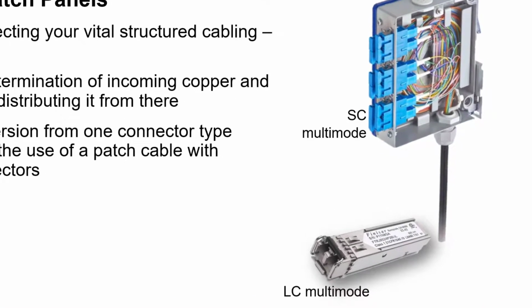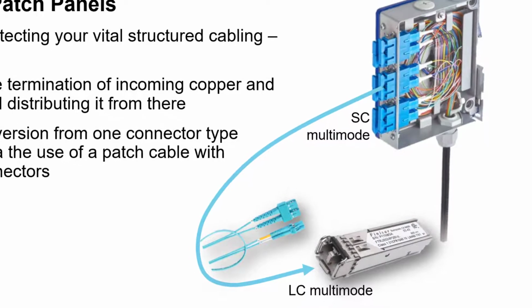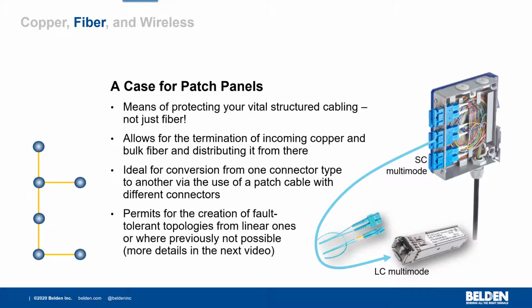In this case, we have the SC connectors on the fiber optic patch panel and a LC that could either be inserted in a device or in a switch. So to facilitate this connector change between the two, it is as simple as using a SC to LC fiber optic patch cable.